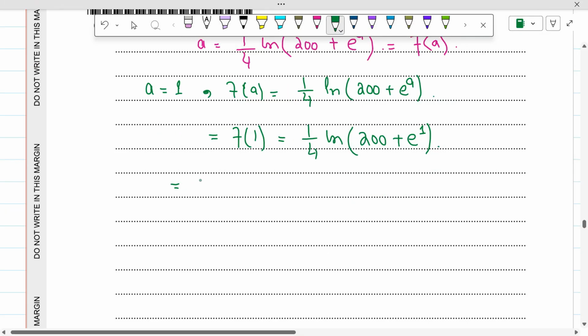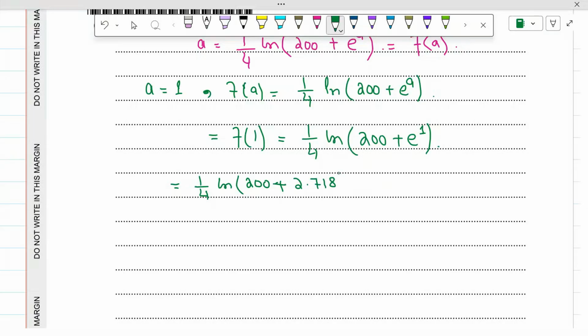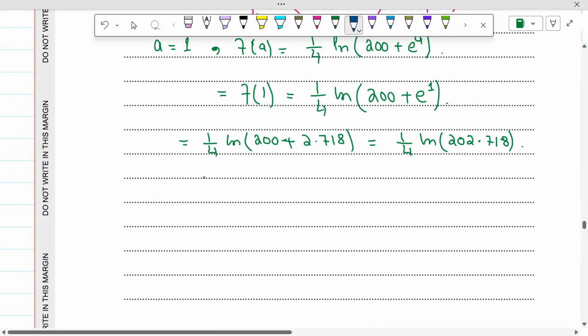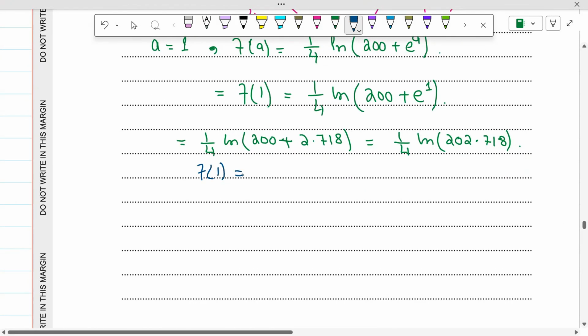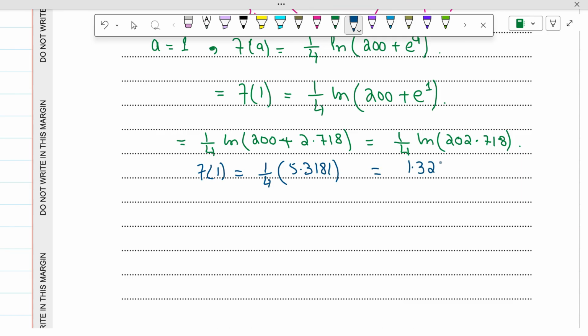Further solving, we have 1 over 4 ln of (200 plus the exponential value 2.718), which is 1 over 4 ln of 202.718. So f of 1 is equal to 1 over 4 times 5.3181, which is equal to 1.32795, which is f of 1.